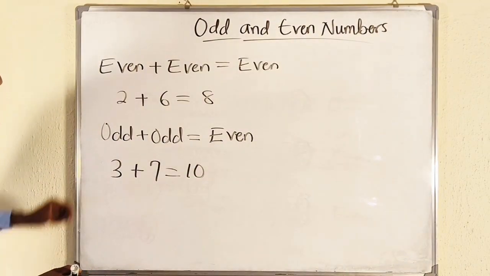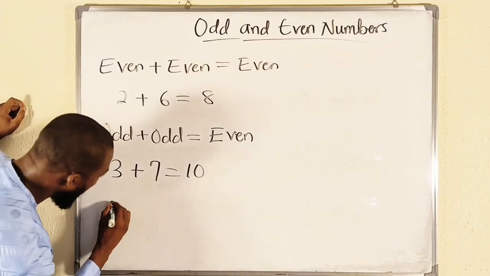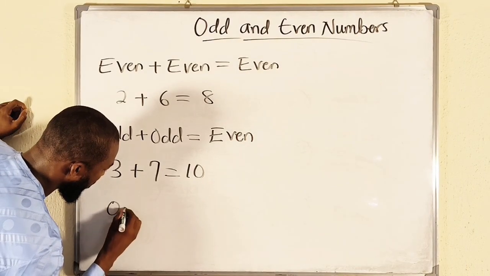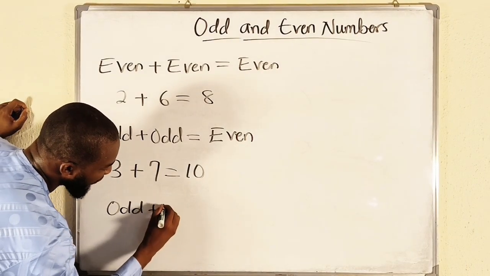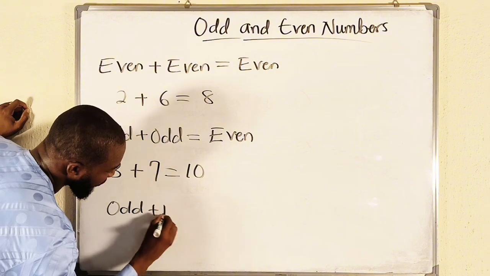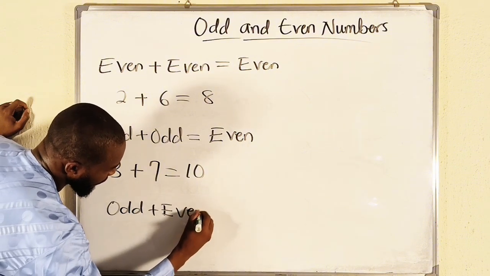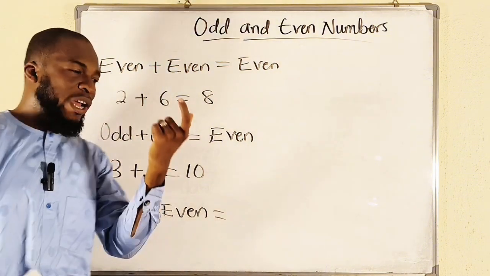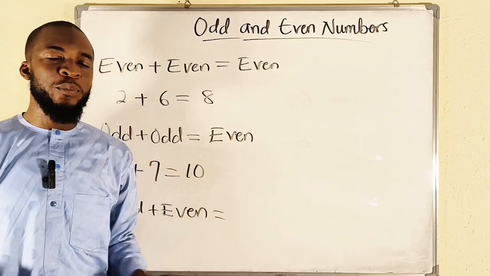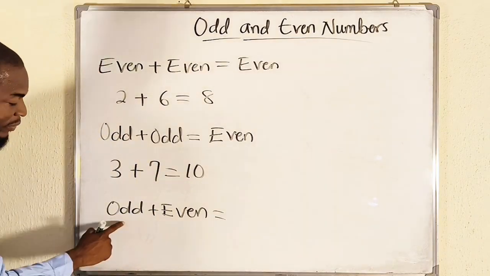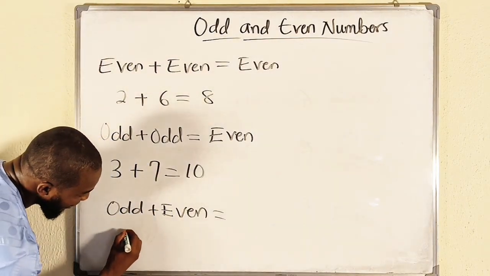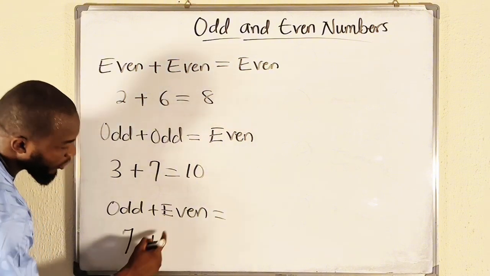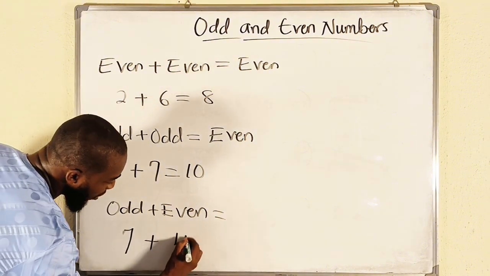So what about, let me see, a combination, right? Odd plus even. Once you try one example, all other examples must be the same. Example of an odd number is 7. Example of an even number is 4.